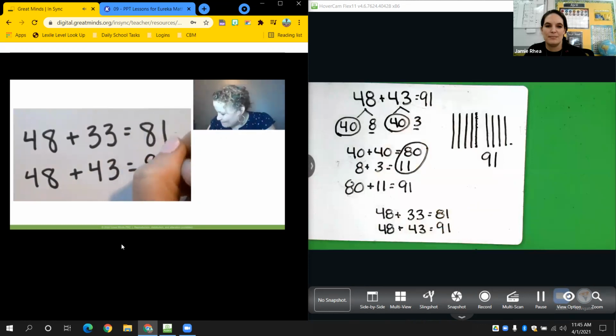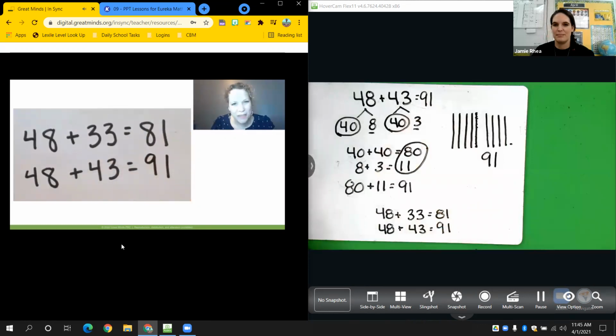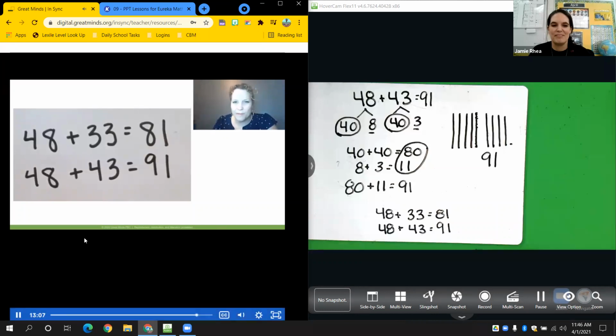Excellent. Are we allowed to do that? Sure. Are we allowed to use the last answer to solve this answer? Yes, we can. Absolutely. Our brains love patterns. And one of my favorite math sayings is use what you know to figure out what you don't know. So it's actually really smart to notice that pattern and just add 10 more.